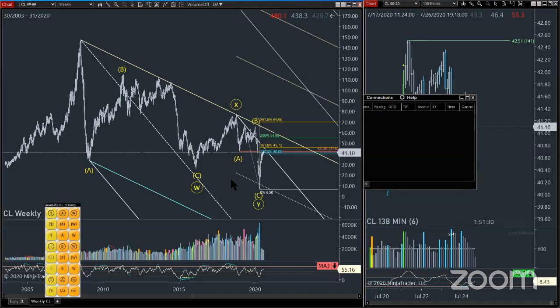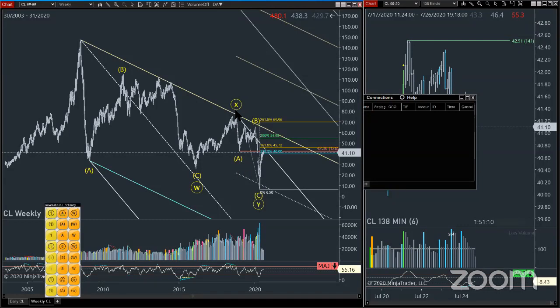and you're looking for a double 3 and you're trying to memorize all these different corrective patterns, I think there's, you know, 13 with variations on each. It can be a bit difficult, but in a double 3, you kind of expect that A wave down of the final 3.